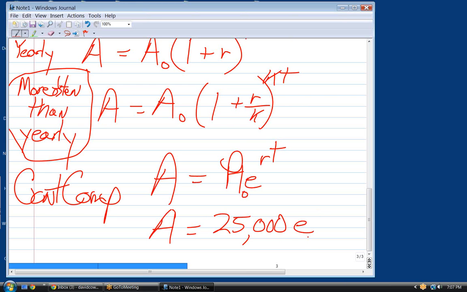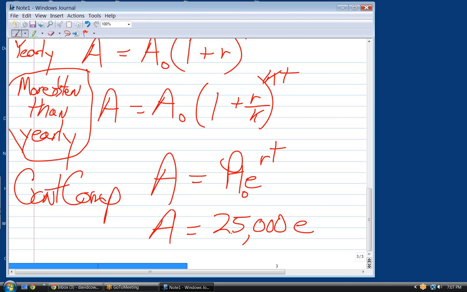The sub 0 that I write here merely means that's the initial amount. I can call it A sub 0, I can call it P, the principal. I don't know what your class calls it. What do you use, P or A sub 0 or something else? We use P. P? Okay. So P is the principal amount.